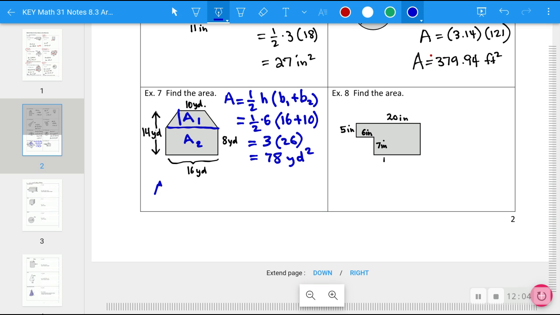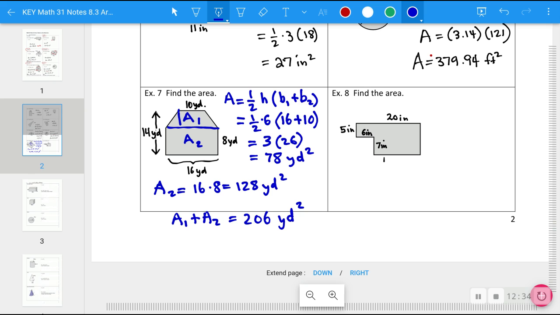Now the bottom section is just 16 times 8, which is 128 square yards. And so if we take 78 and 128, we get a 206, A1 plus A2. Total area of 206 square yards of area.